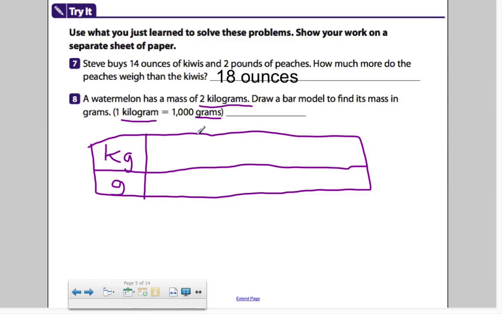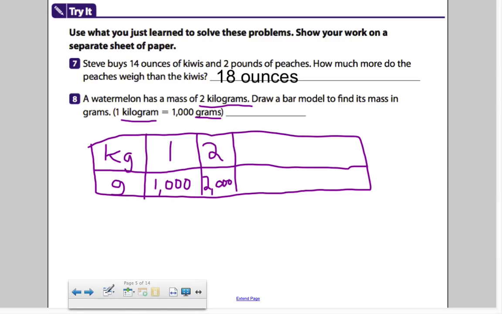So 1 kilogram equals 1,000 grams. 2 kilograms, like it says in the problem, equals, what do you think? What does the pattern look like? 2,000 grams. And just like that, we're at the answer.